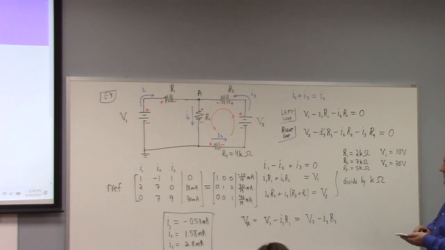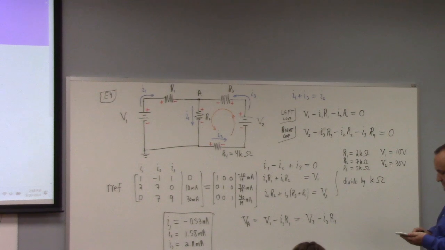So V1, 10 volts minus, well, which is plus actually, so, oh man, plus 0.53. R1 was 2 kilo ohms.